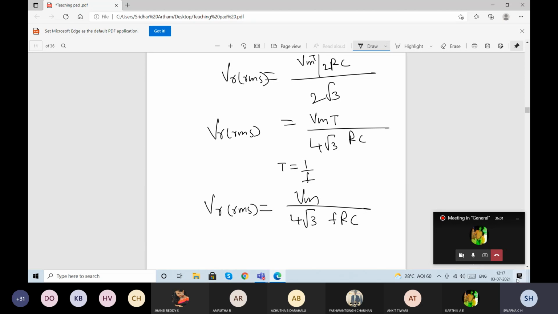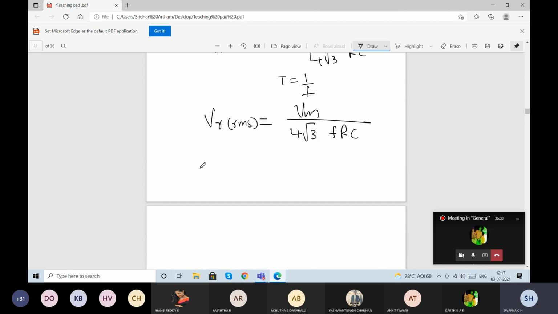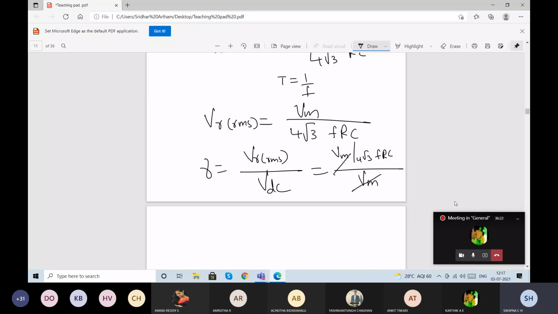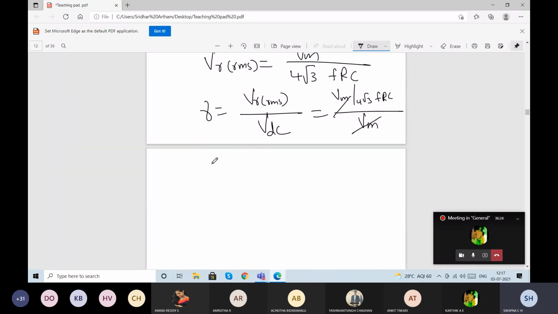Now I need to find gamma. Gamma is nothing but the ripple factor. It is given by VR RMS divided by VDC. So VR RMS is Vm by 4 root 3 FRC, divided by VDC. VDC is nothing but Vm. This Vm and this Vm will get cancelled. So gamma will be equal to 1 by 4 root 3 FRC.